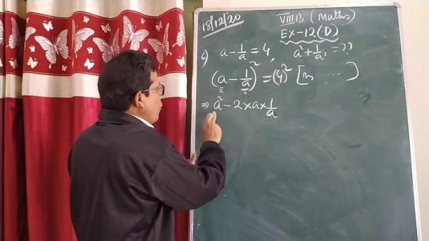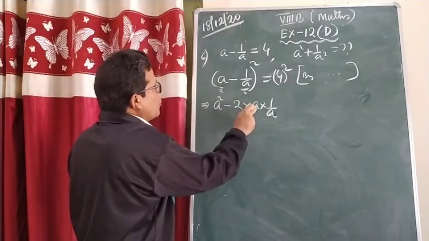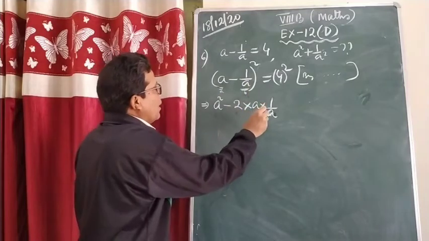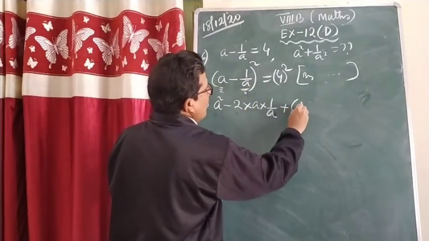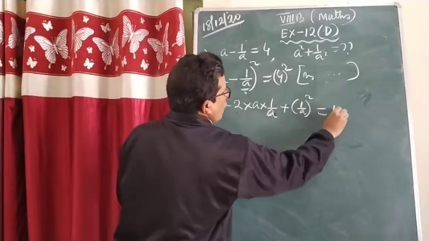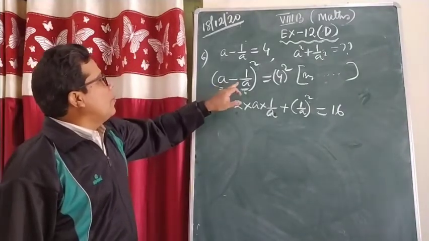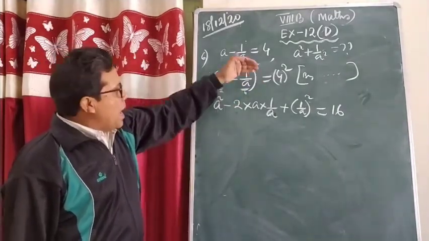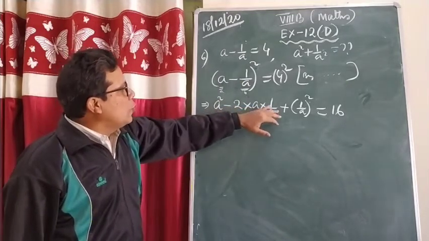So first one square, a square, minus 2 into first one into second one, plus second one square, is equal to 4 square, 16. I hope it is clear to you. It is in the form of a minus b whole square, and a minus b whole square is a square minus 2 into a into b plus b square.